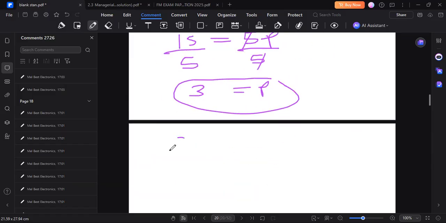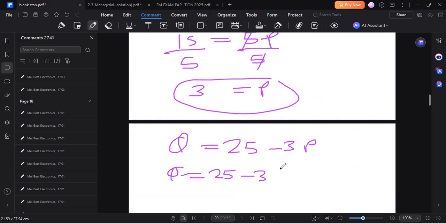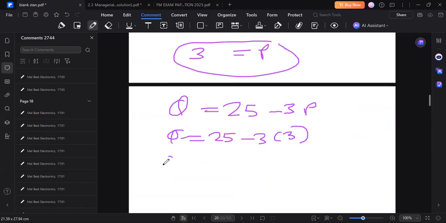And what will be our quantity? We can use 25 minus 3p. 25 minus 3 on p, which is 3. Okay, 25 minus 9, which will give us 16. Is that okay now?